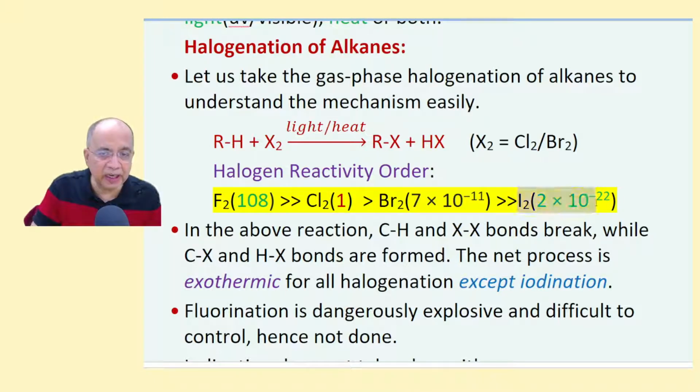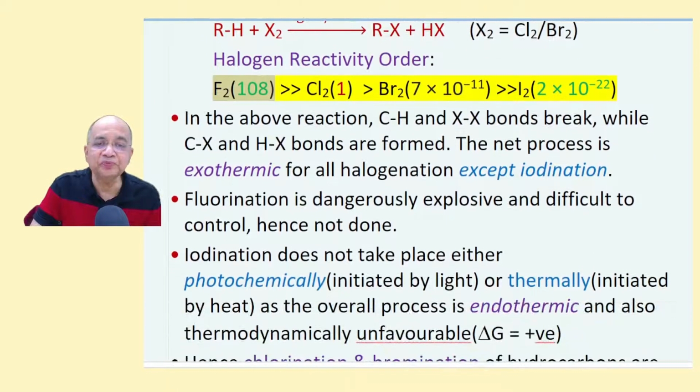So we neglect this due to its thermodynamic improbability, as we shall consider after some time. Fluorination is abandoned because of the aggressive, explosive nature of the reaction. So we concentrate on chlorination and bromination.